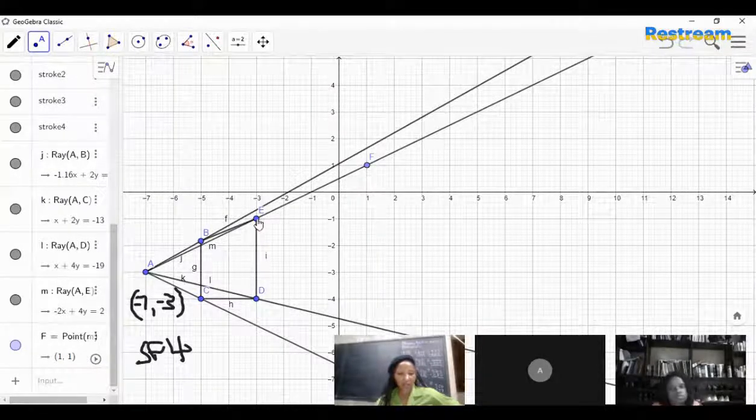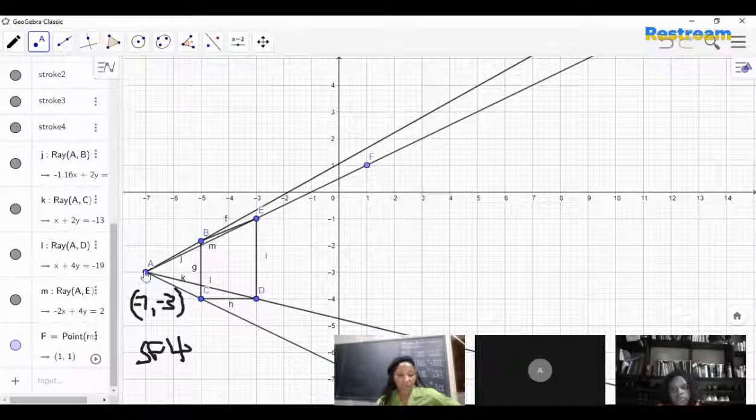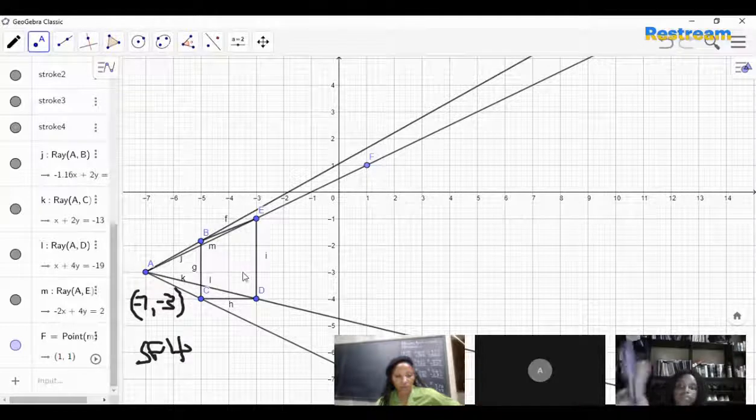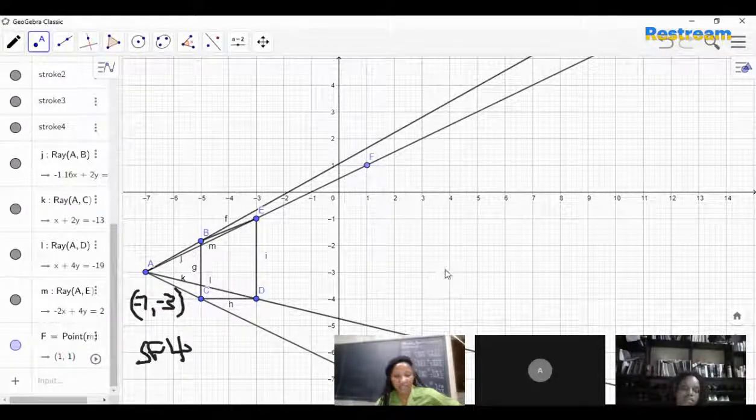And for this one, we had to move 4 and then 2. So that would be 16 on the x and 8 on the y. So 1, 2, 3, 4, 5, 6, 7, 8, 9, 10, 11, 12, 13, 14, 15, 16. 1, 2, 3, 4, 5, 6, 7.